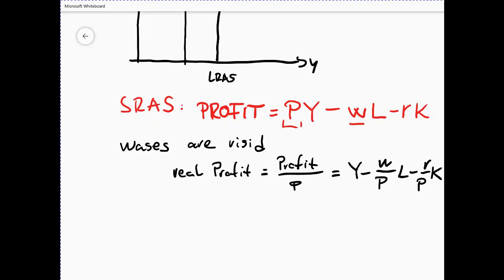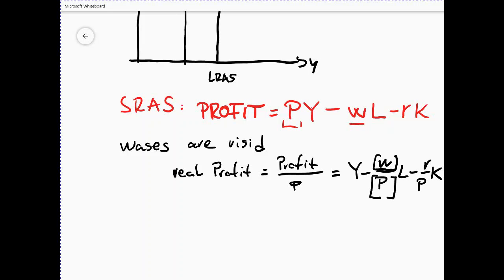So when P increases, because W remains the same, in real terms the real wages are going to decrease. From this perspective, in relative terms, production becomes cheaper, and this will also increase the profit of the firm. So there are two theories. One is based on informational asymmetry or information imperfections, and the second is based on the rigidity of wages in the short run.